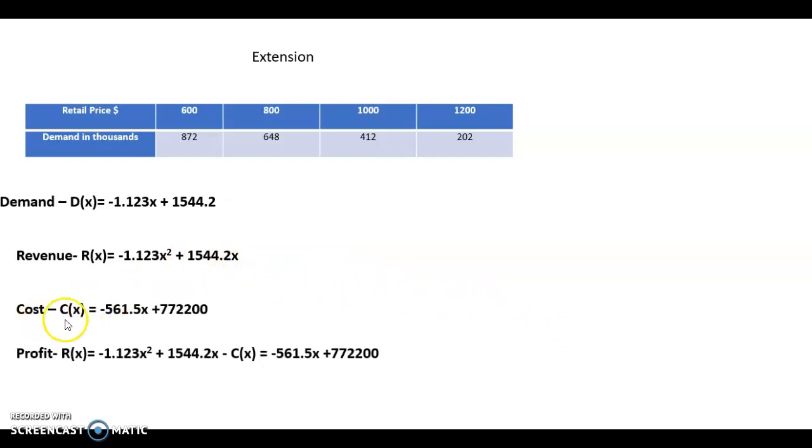And the cost equation is the demand equation times the cost per unit, and what we had earlier was that the cost per unit is $500, and so we calculated the demand price times $500, and this is what we got, negative 561.5x plus $772,200.